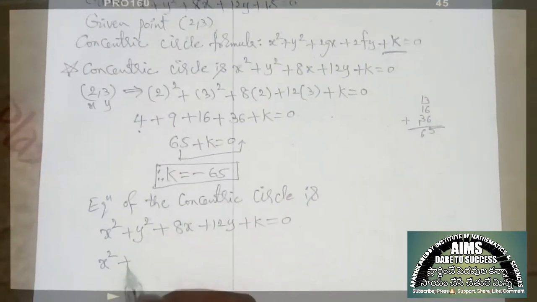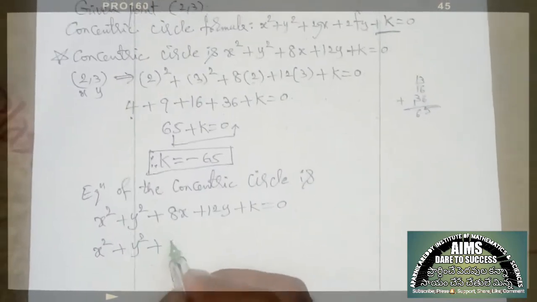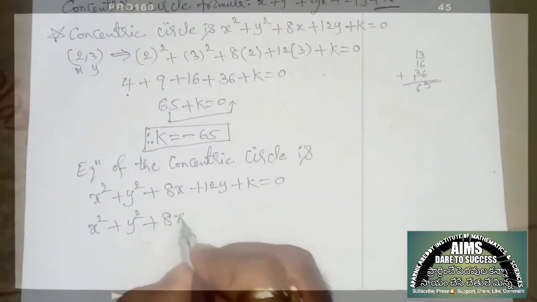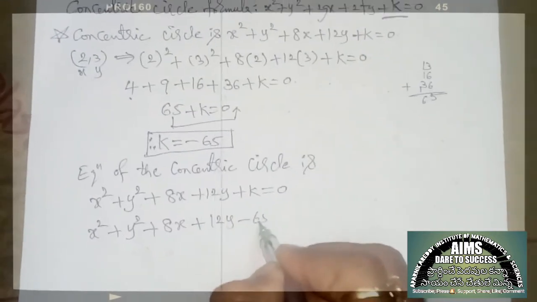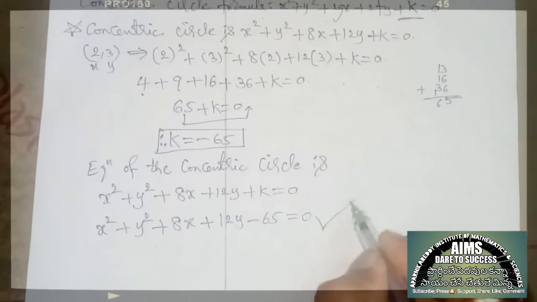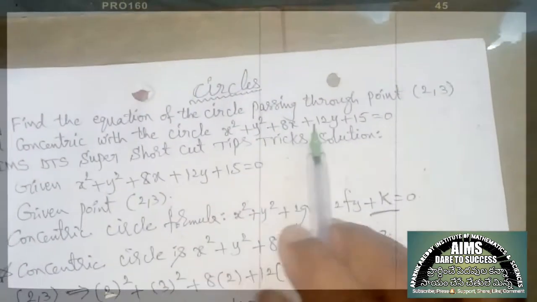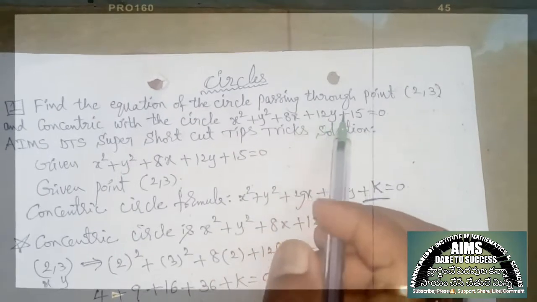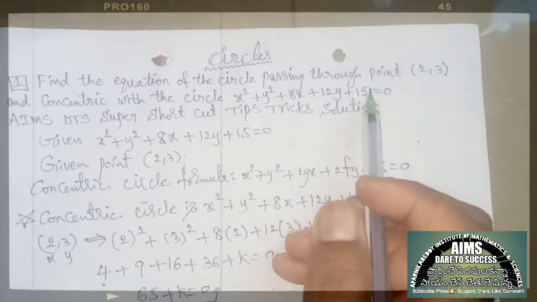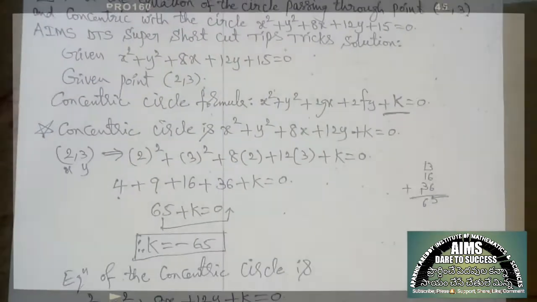We get x square plus y square plus 8x plus 12y, with k value minus 65, is equal to 0. This is the concentric circle by using the given point (2, 3) and the circle x square plus y square plus 8x plus 12y plus 15 is equal to 0.